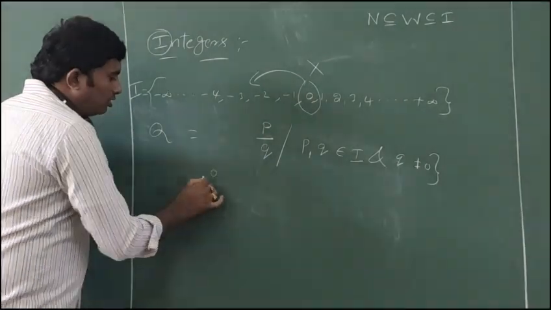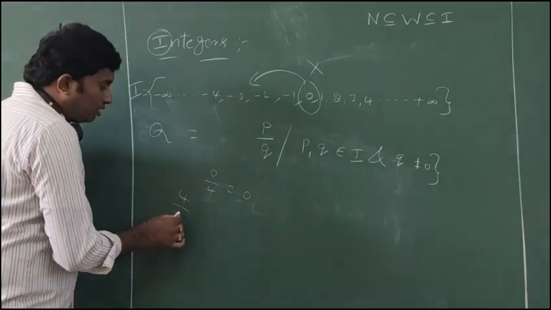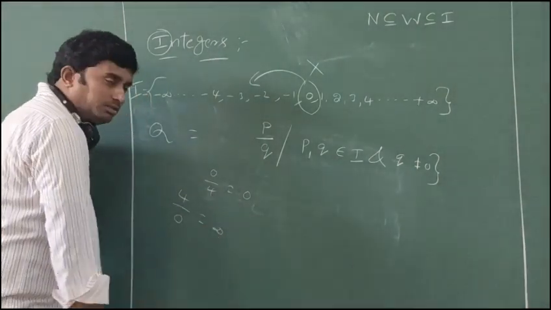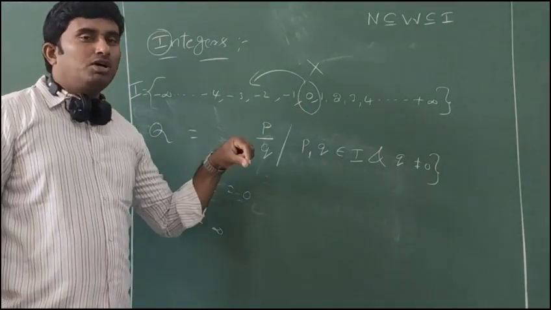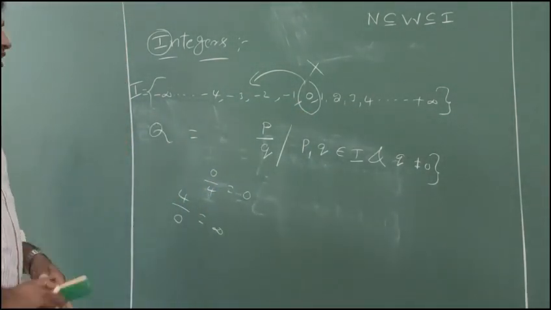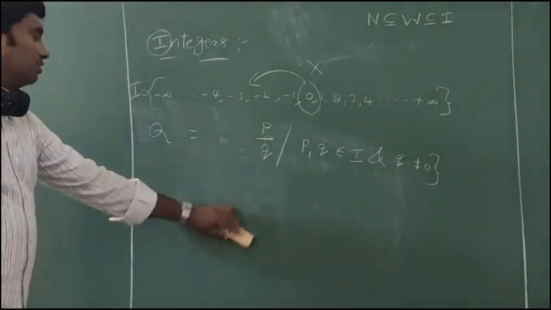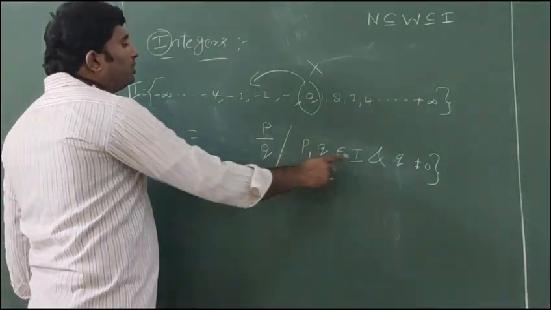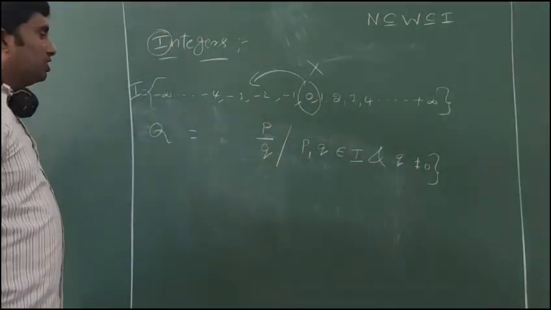If the numerator is 0, no problem. For example, 0 by 4 we will write as 0. But if the denominator is 0, something by 0 is infinity, and infinity is not a number, so we cannot insert it in any set. That is why the denominator must not be 0.